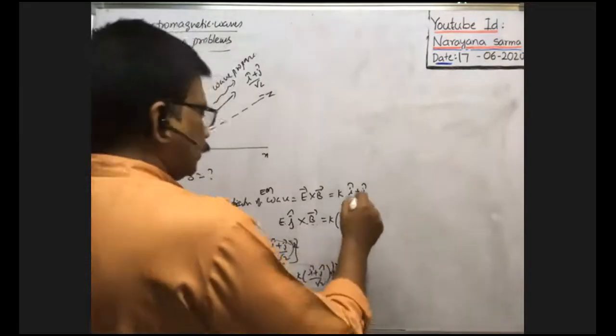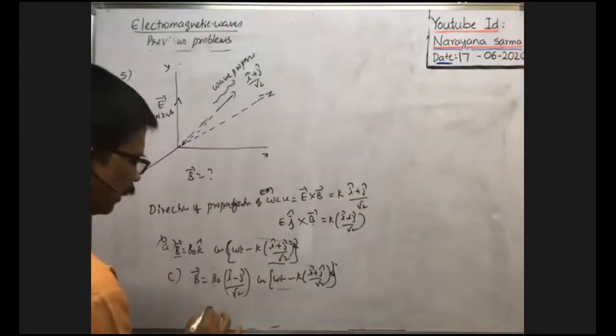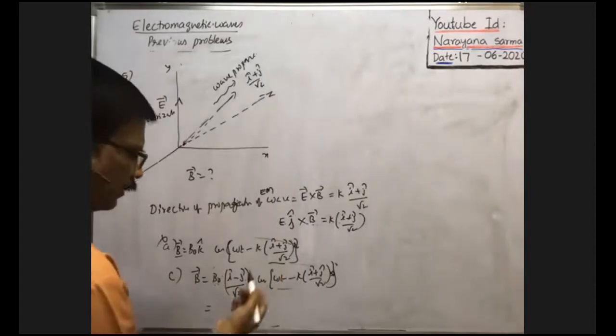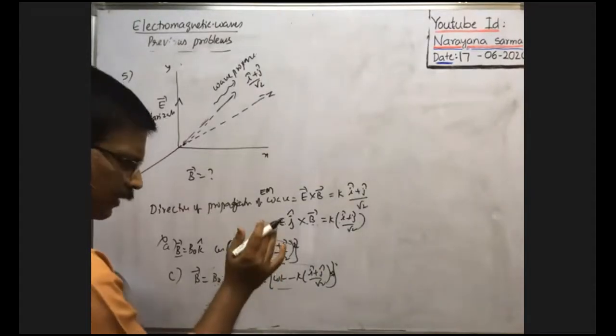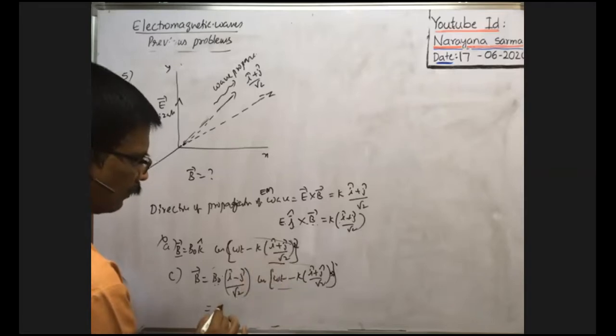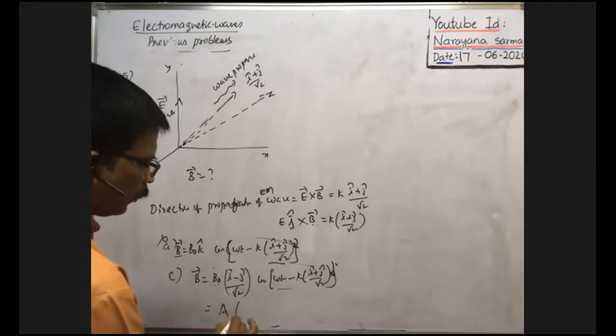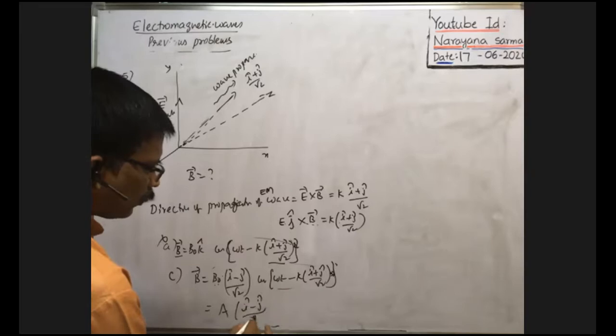So when you write, this can be written as B naught into this one, a constant you write at a given instant of time, and some A into I cap minus j cap by root 2.